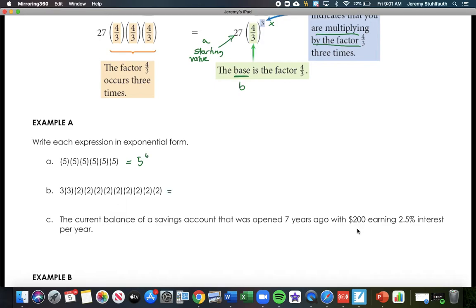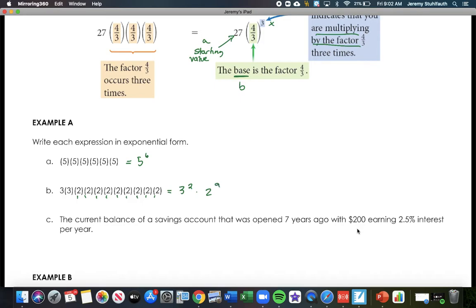The next problem says 3 times 3 times a bunch of 2's. So because we're multiplying by 3 twice, we're going to have 3 squared times 2, and then we're multiplying by the factor 2, 1, 2, 3, 4, 5, 6, 7, 8, 9 times. So it's 2 to the 9th power. And this would be your final answer.